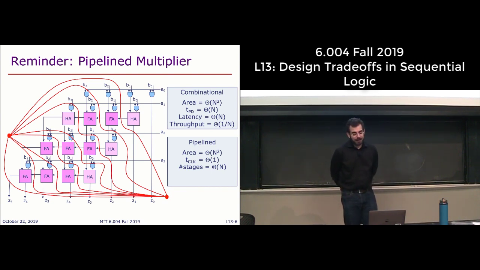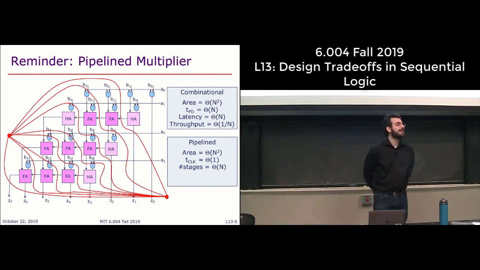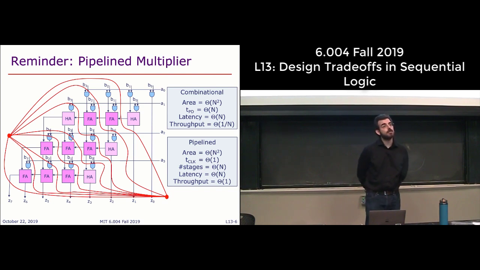So now what's the latency of this circuit? From input to output, it's going to take n stages times the clock cycle time of each stage, right? But the clock cycle time is constant, so latency still grows linearly. I haven't actually improved latency. However, this dramatically improves throughput because now we get a constant throughput regardless of how many input bits you have.